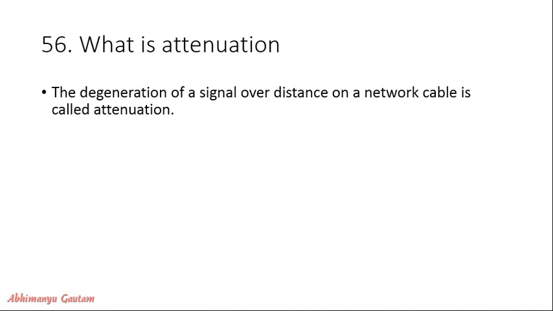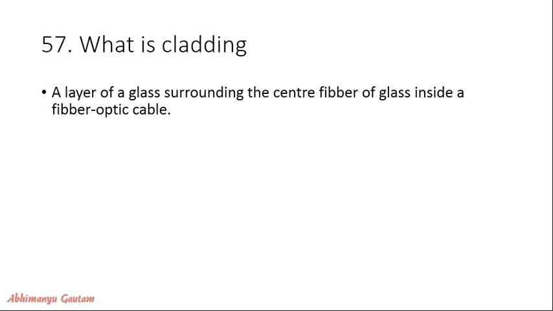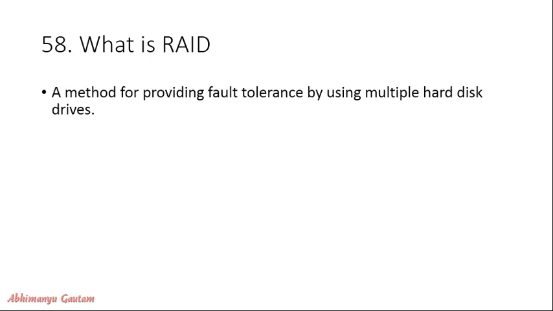The degeneration of a signal over distance on a network cable is called attenuation. What is cladding? A layer of glass surrounding the center fiber of glass inside a fiber optic cable. What is RAID? A method for providing fault tolerance by using multiple hard disk drives.